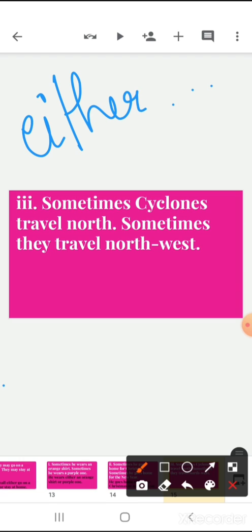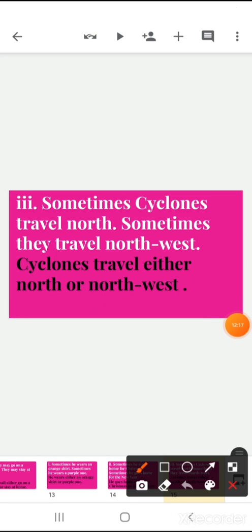Either or. Okay children? Cyclones travel either north or northwest. Understood? Now, in the same way you have to do the remaining. Alright? Now moving on to the next exercise.